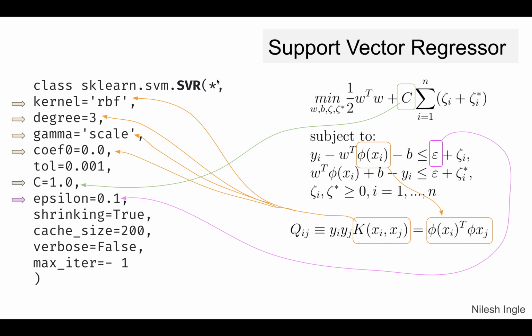Similarly, for regression, we have similar functionalities as we have seen before. But in addition to that, we also have a value for epsilon that can be tuned. With the value of epsilon, as you saw before, we can control the epsilon tube within the fit.